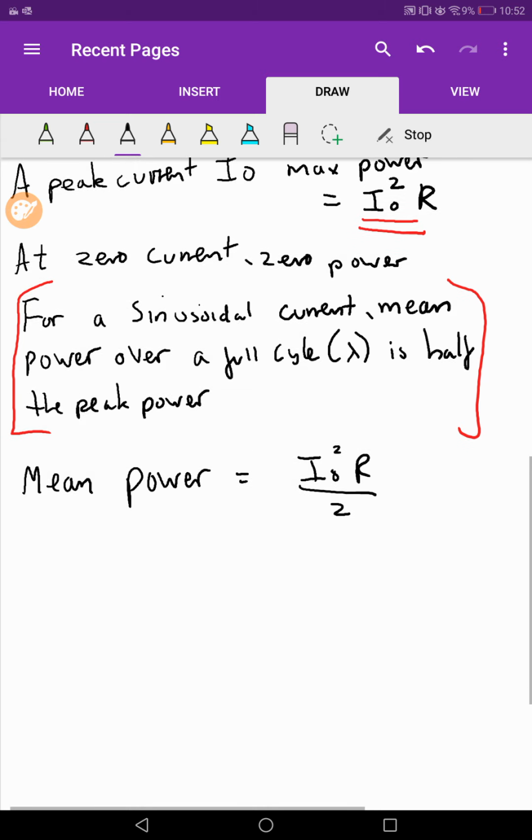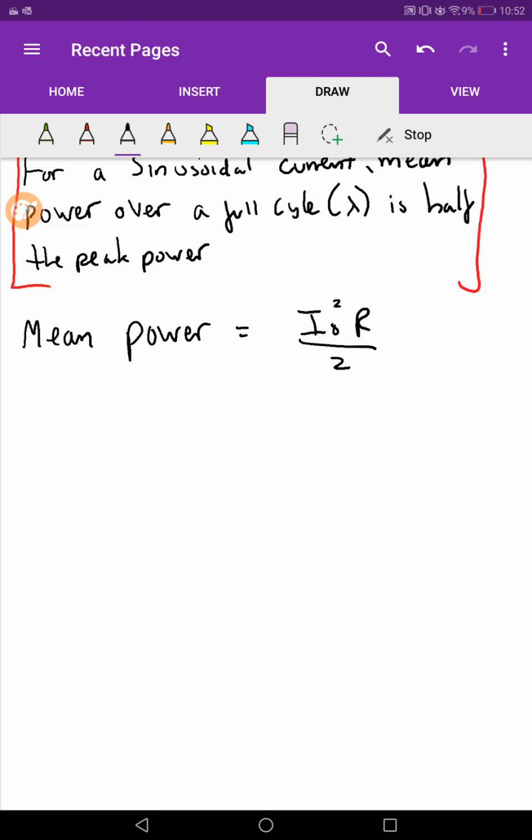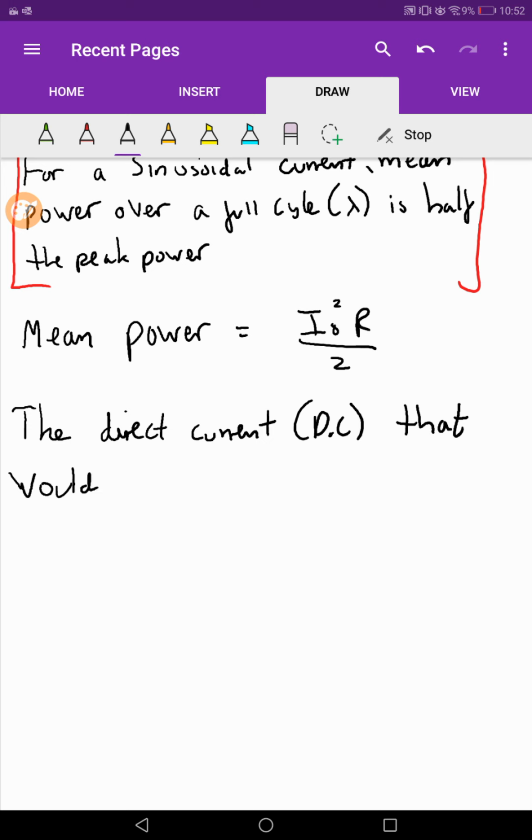Now, here's where RMS comes in. The direct current, so the DC value of current that would give the same power as the AC, which is, in this case, the mean power.